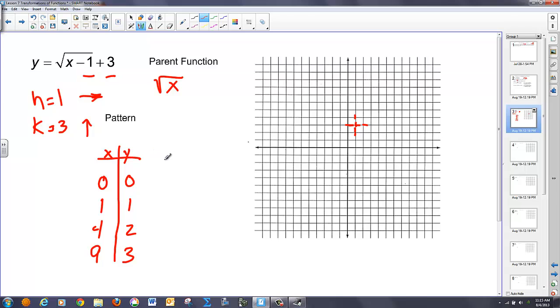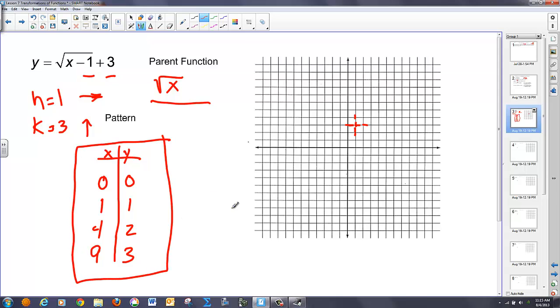Now, my graph is going to look the same as it would in the case of its parent function, y equals root x, because there's been no increasing in shape, decreasing in shape. It's just the same exact shape has been moved to the right and up. So really, my graph is going to follow this same pattern as the parent function.